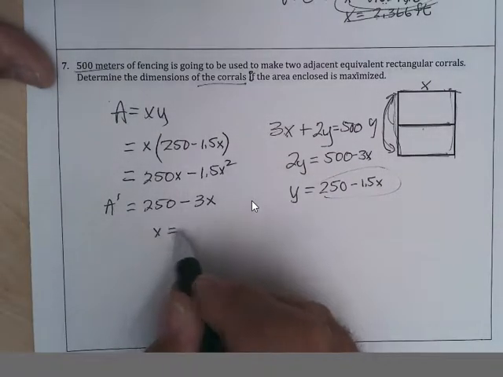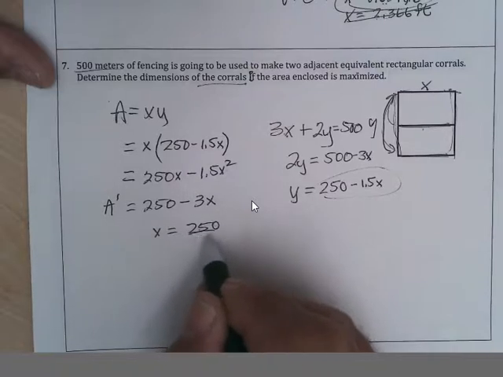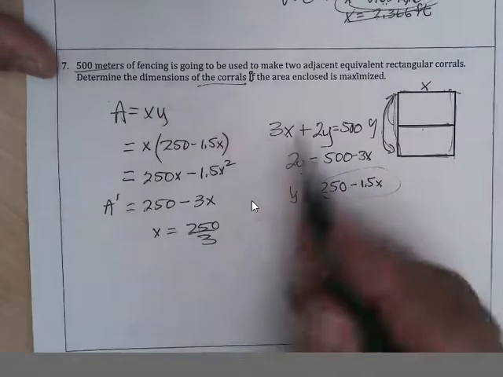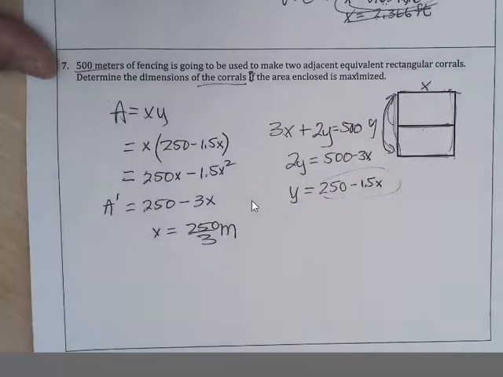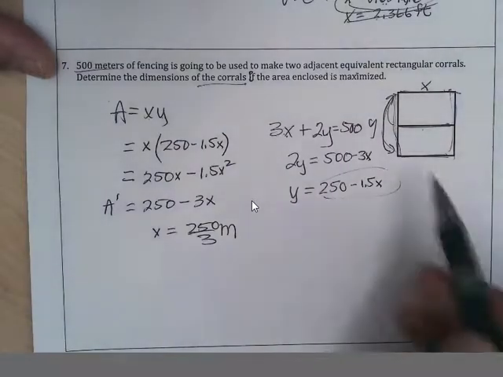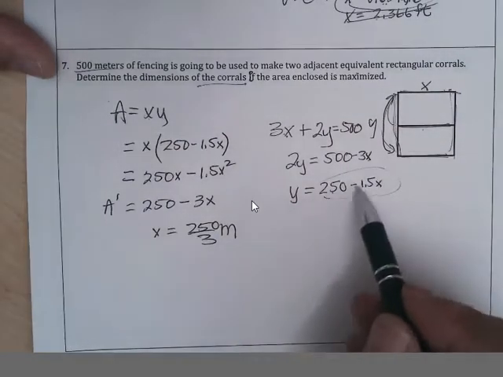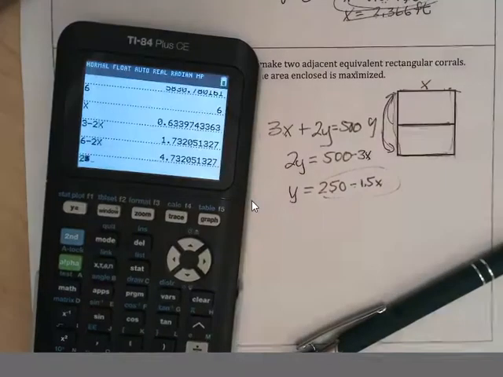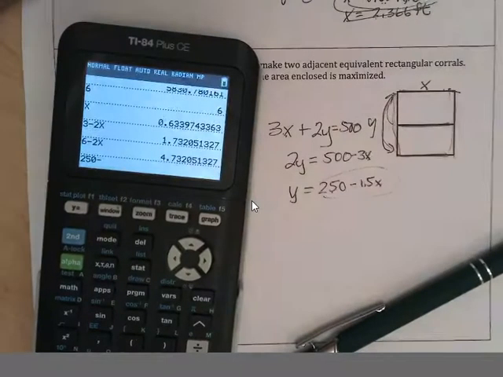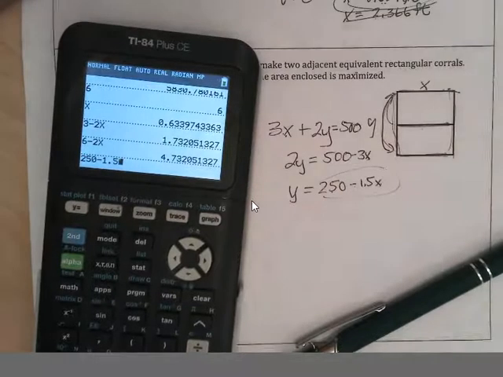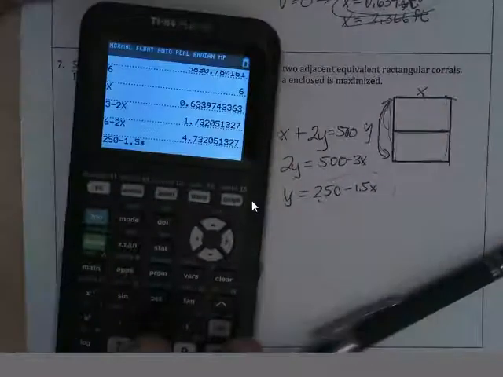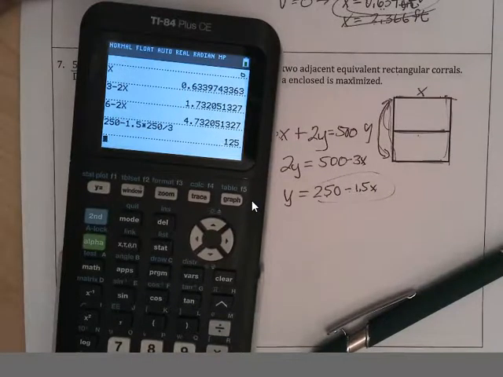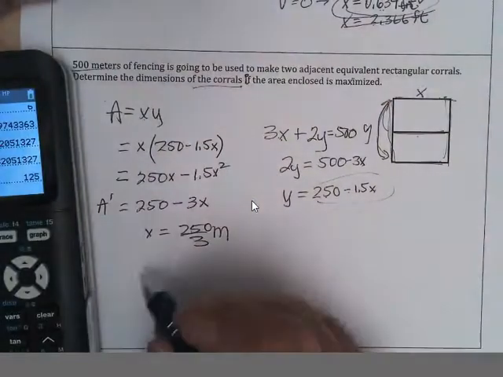So x would be 250 divided by 3 meters. And y would be 250 minus 1.5 times 250 divided by 3, 125.